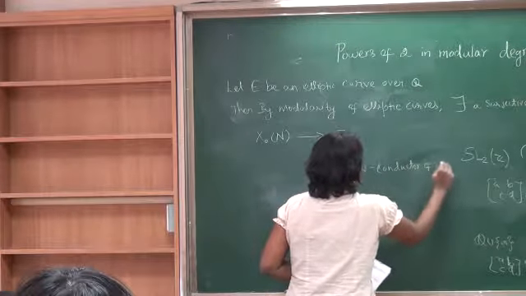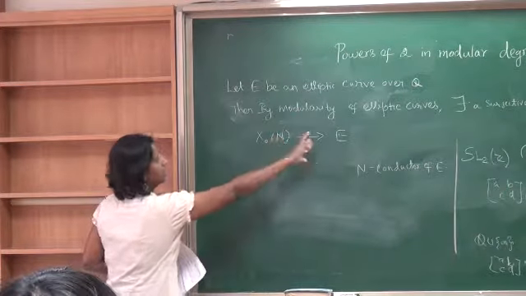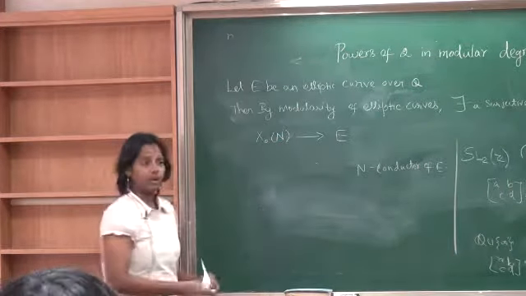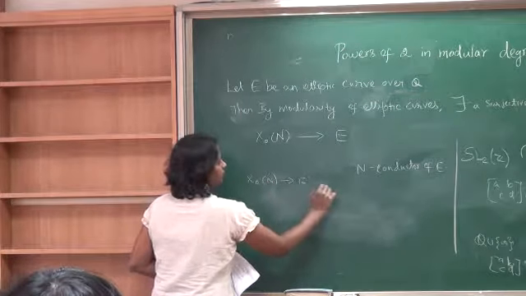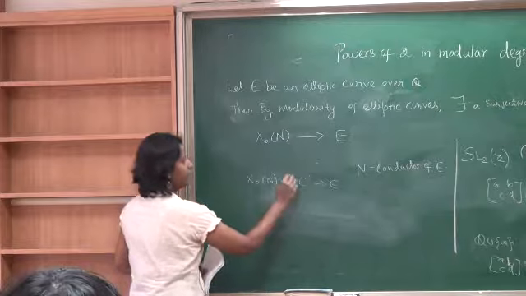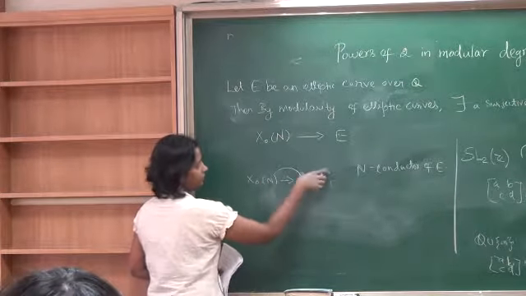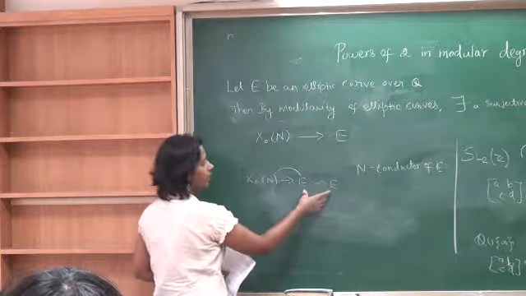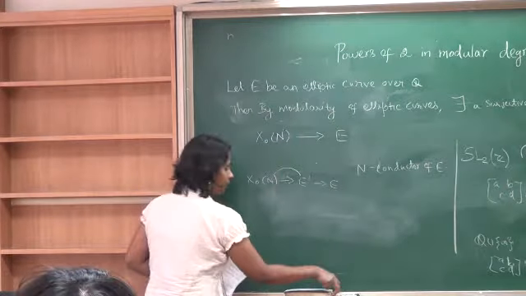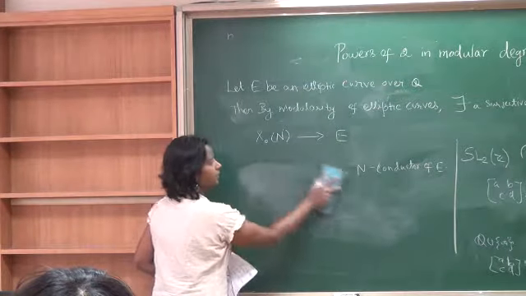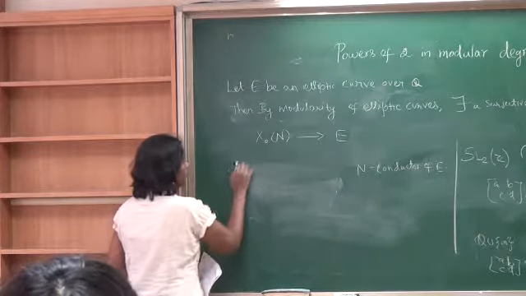And if this morphism factors through another elliptic curve, suppose for example X_0(N) to E' to E, then the degrees will be multiplied. So I am considering the optimal elliptic curve which is not factoring through any other elliptic curve, that optimal map.